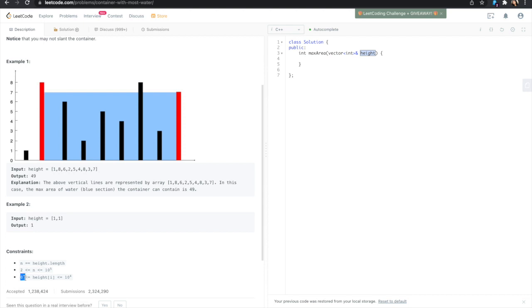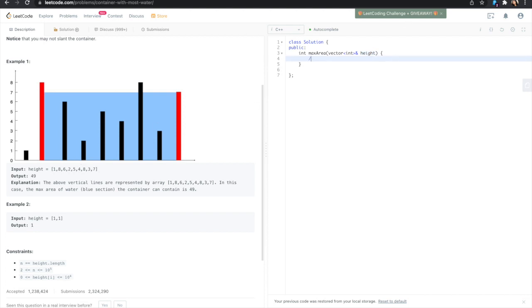So height can be a minimum of 0 and a maximum of 10 to the power of 4. Are there any other assumptions I'm going to be making? None that I can foresee at the moment. I'm just assuming that the width is 1 based on the examples, like the width between these two bars. But yeah, that's the problem.